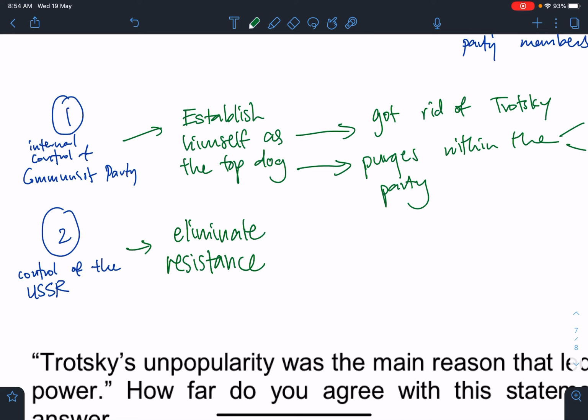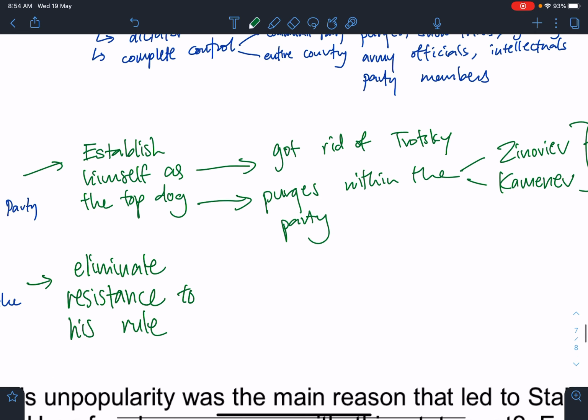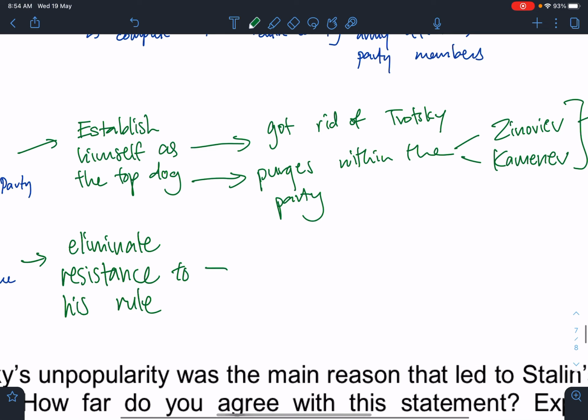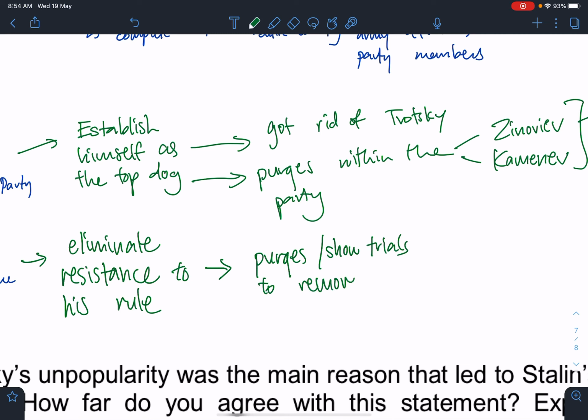So he wants to eliminate resistance to his rule. Okay, and how does this happen? By purges, okay, by show trials, to remove elements of society, which might rebel, which might criticize him, right?